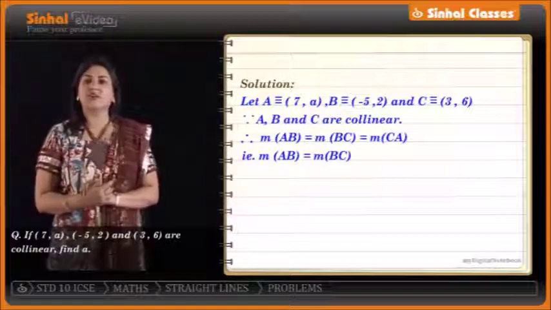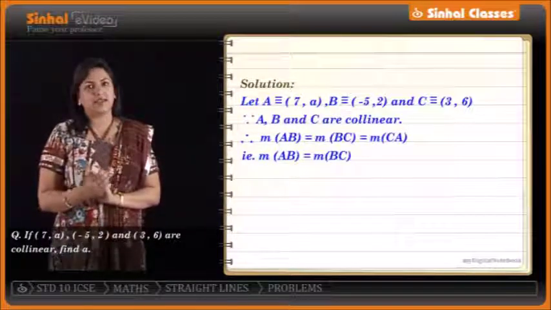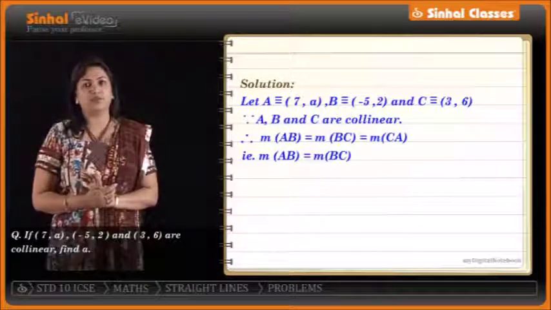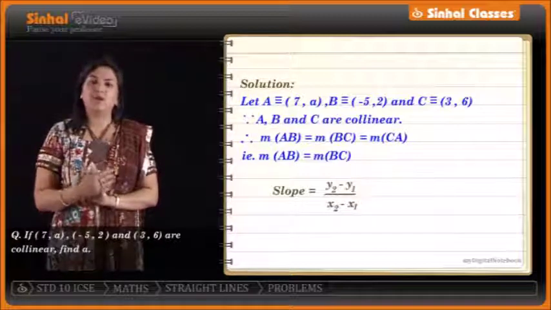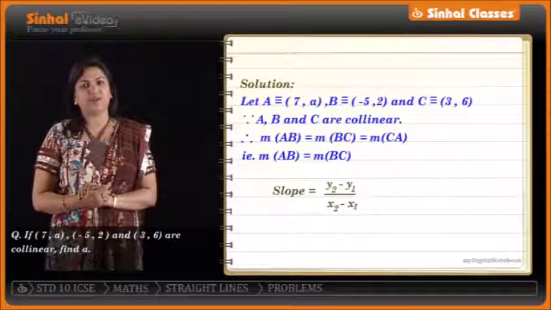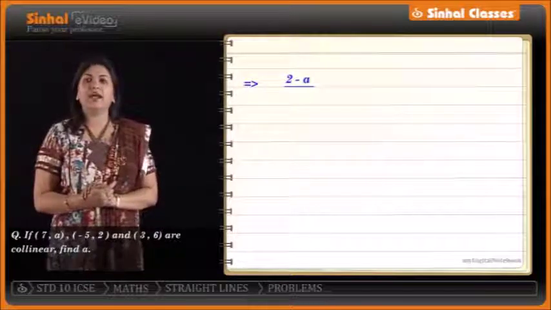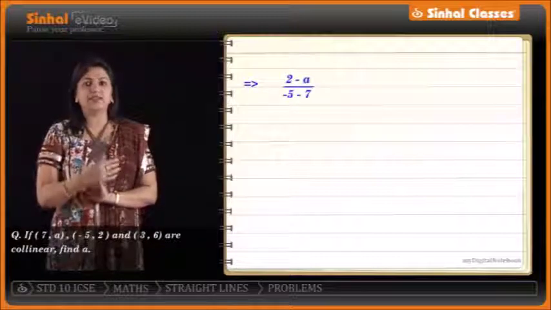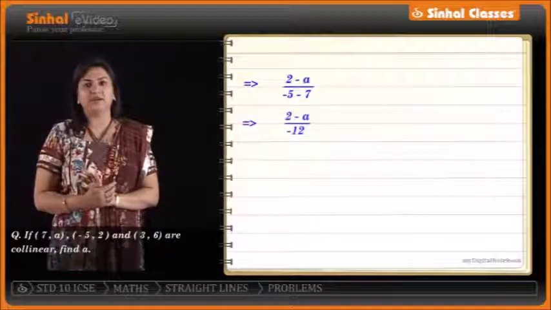Now to find slope of AB, we have coordinates of A as (7, a) and coordinates of B as (-5, 2). Slope will be (y2 minus y1) upon (x2 minus x1). We write that as (2 minus a) upon (-5 minus 7). Simplify this: (2 minus a) upon -12.